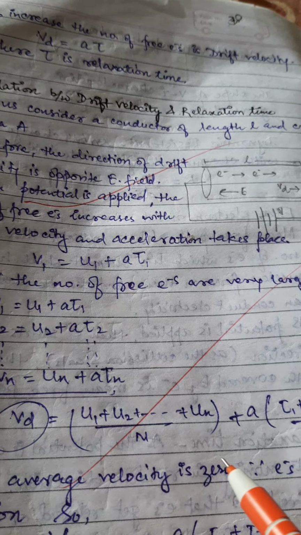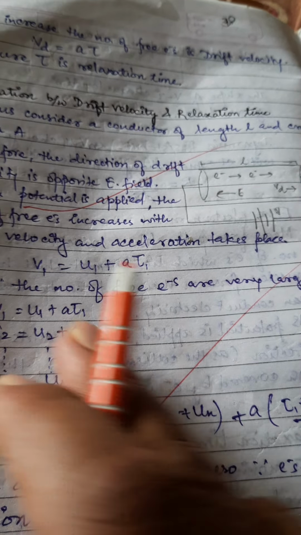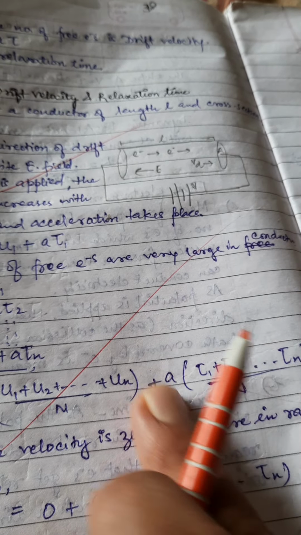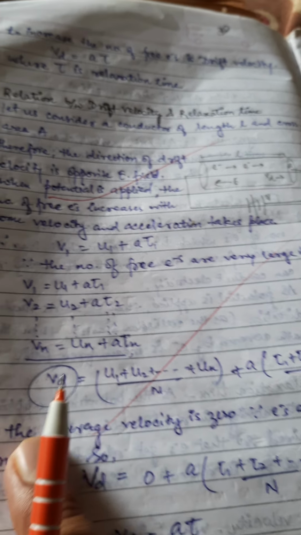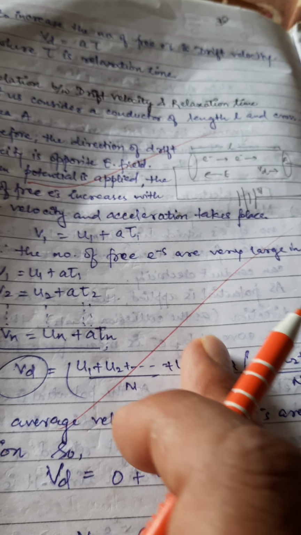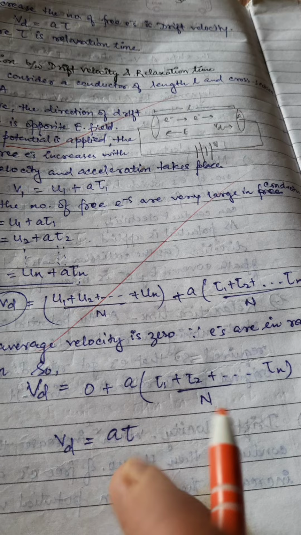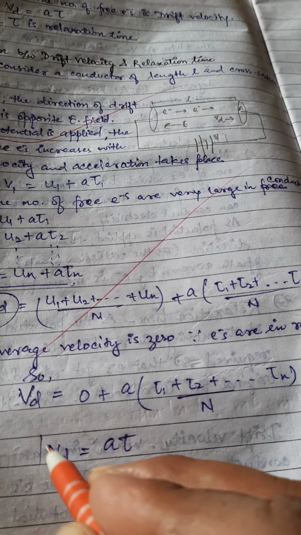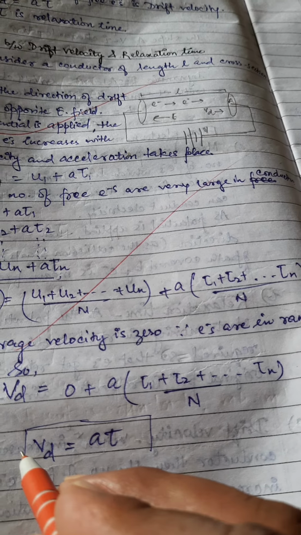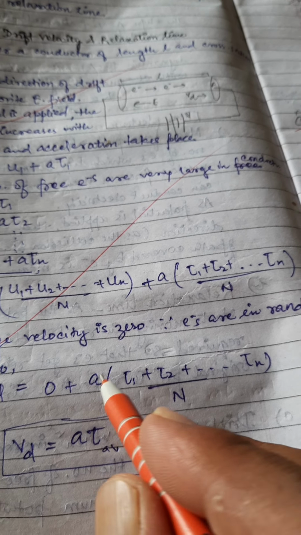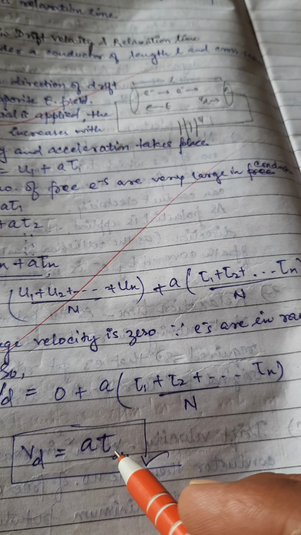Here u1, u2, u3 upon n, where n is the total number of free electrons, with a common acceleration a, and tau 1, tau 2, tau 3 up to n. This is the average acceleration. As we know, the average thermal velocity becomes 0. Putting the value, finally we obtain the relation Vd is equal to a tau, where Vd is the drift velocity, a is the acceleration, and tau is the average relaxation time.